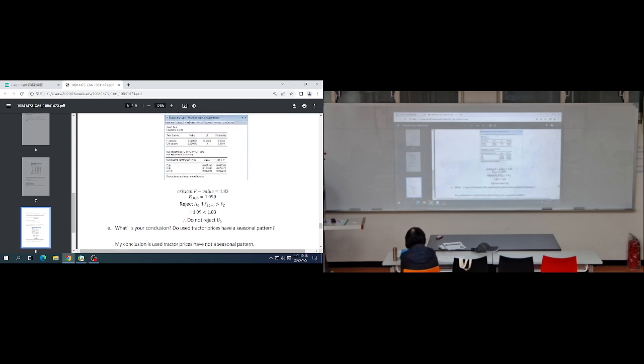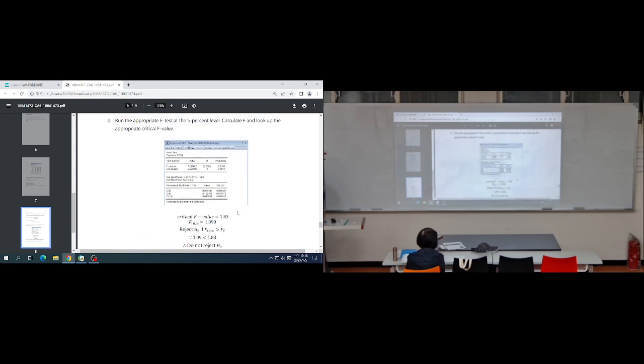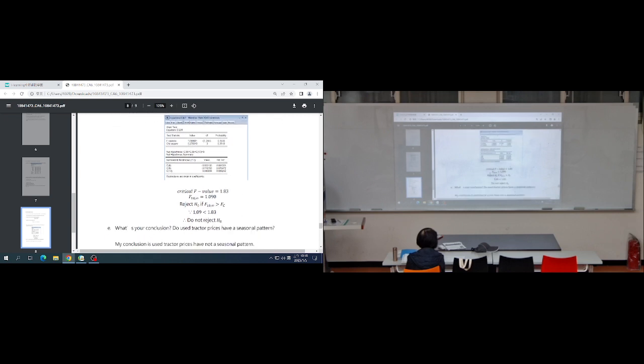The conclusion is do not reject hypothesis because critical F value is more than critical value, so we do not reject. Is that correct? Here.